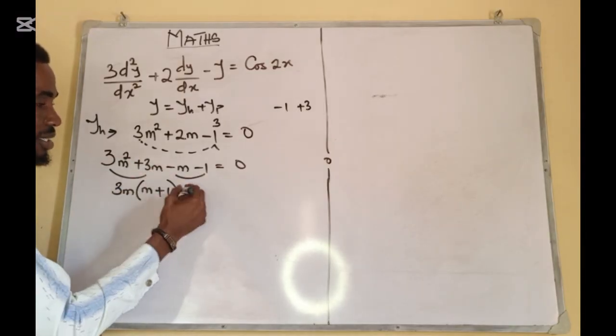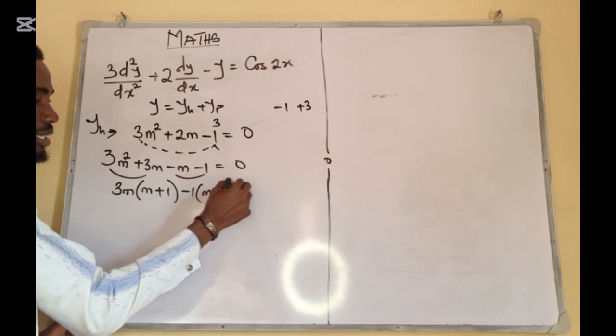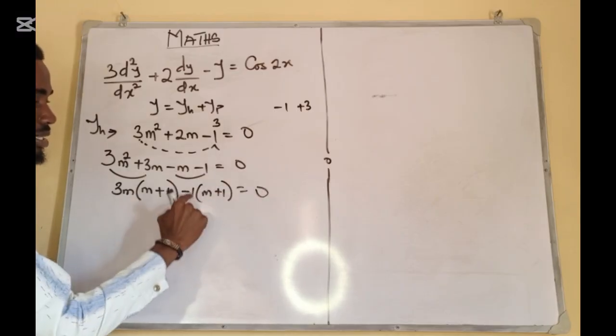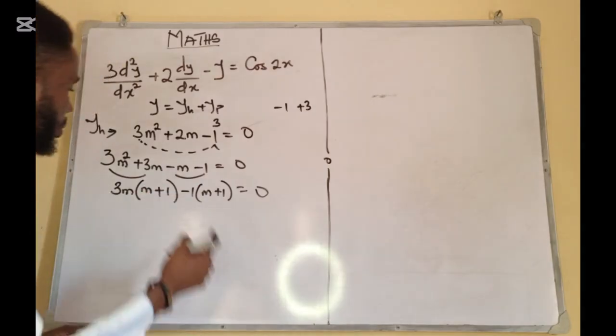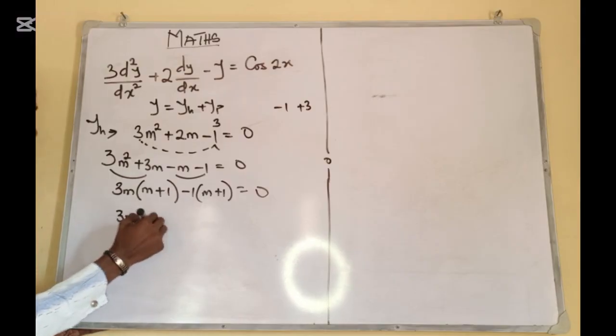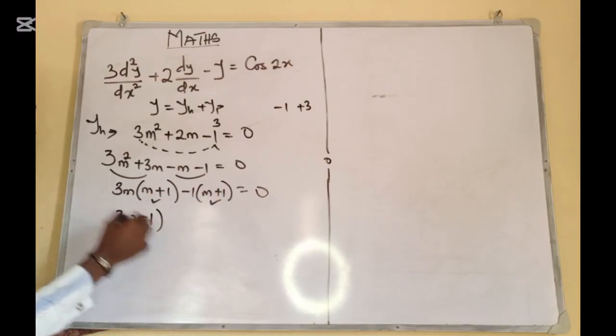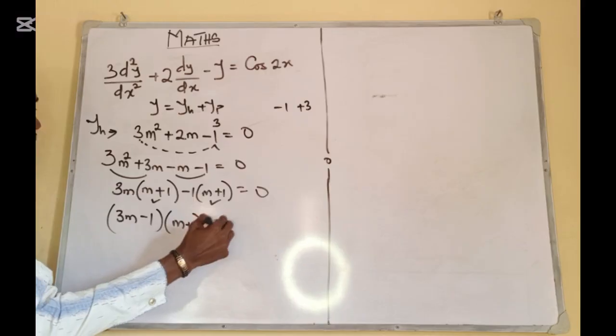What is common here? This sign is what is common, which is negative 1 here, then m plus 1 equals to 0. Minus 1 times m is this, and minus 1 times 1 is what? Is minus 1. So now I have it to be 3m here minus 1. Remember, these two have to be the same, right? Yeah, okay. And what I have here, m plus 1 is equal to what?